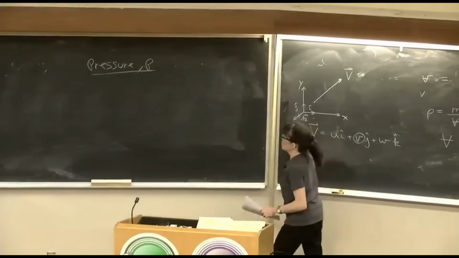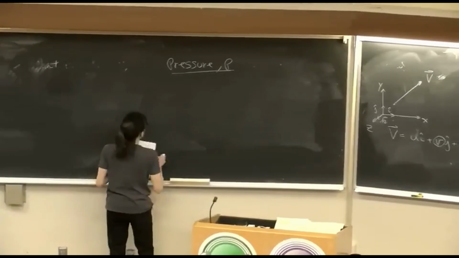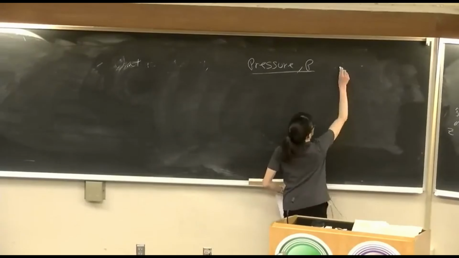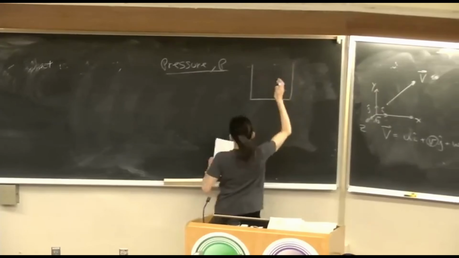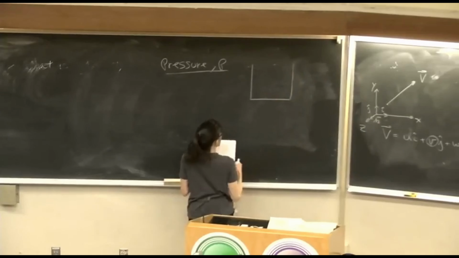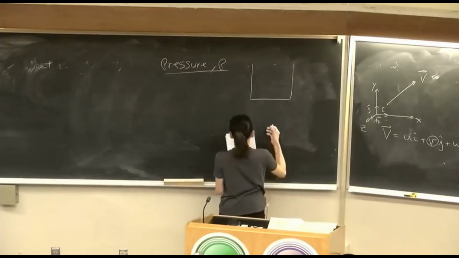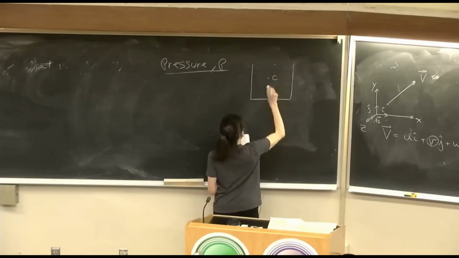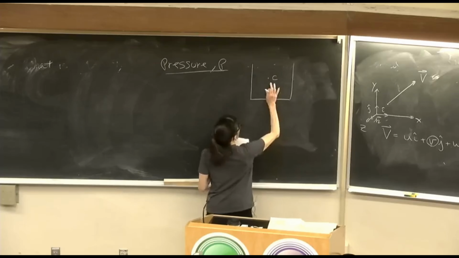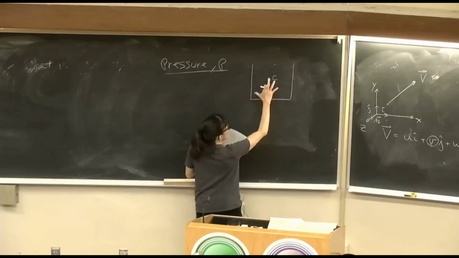Okay. Pressure. So first, let's consider pressure in a fluid at rest. So maybe we have some container of liquid or some fluid. And so here's point C. And so again, we consider some infinitesimal quantity.